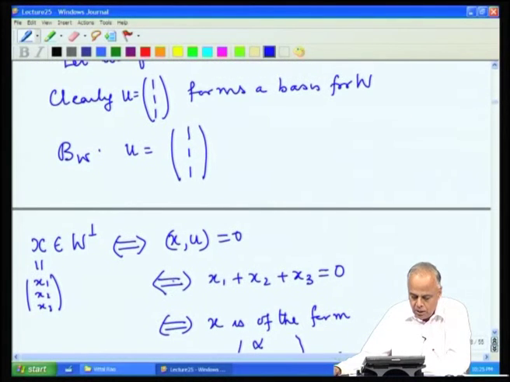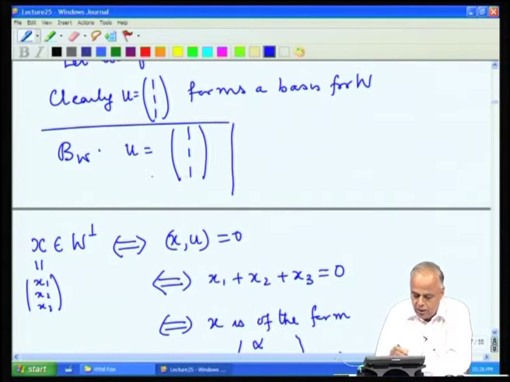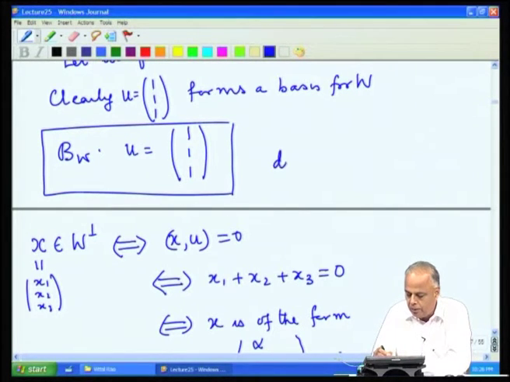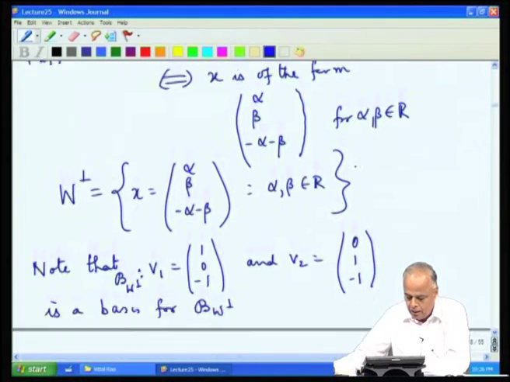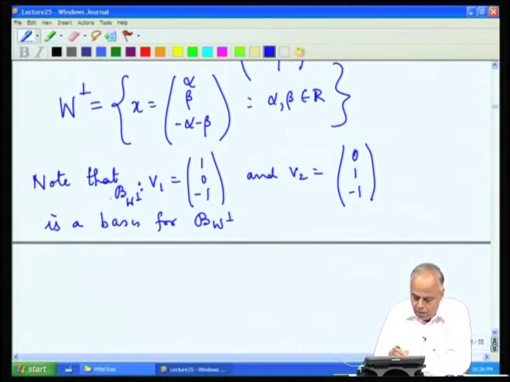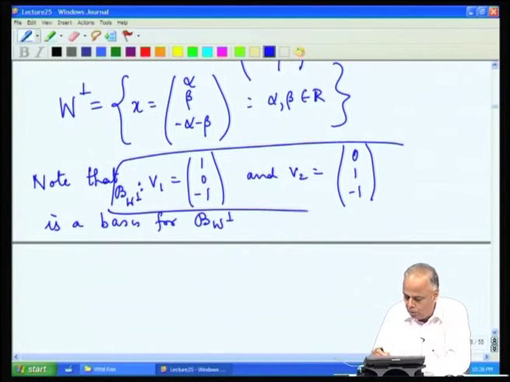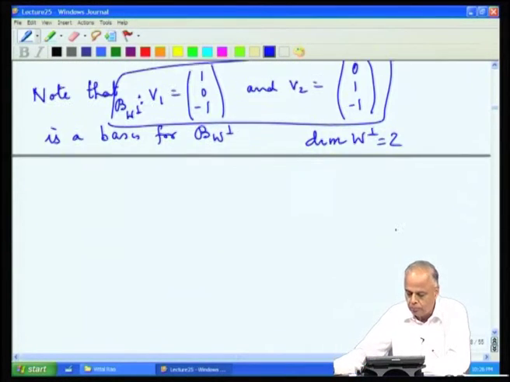Now, notice that W had a basis consisting of a single vector, and therefore, the dimension of W was 1, and the basis for W perp consists of two vectors, and therefore, the dimension of W perp is 2.